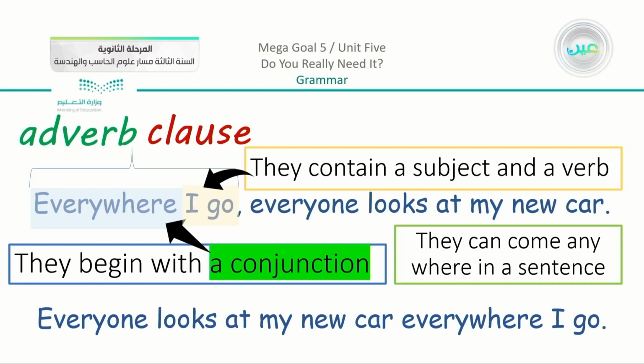But note something: we have a comma if the adverb clause is in the beginning, but if the adverb clause is at the end or in the middle of the sentence, there is no comma. So since we have our adverb clause in the middle, we do not need the comma.